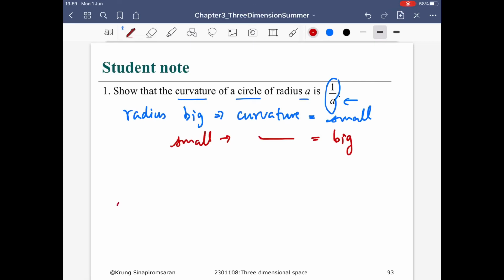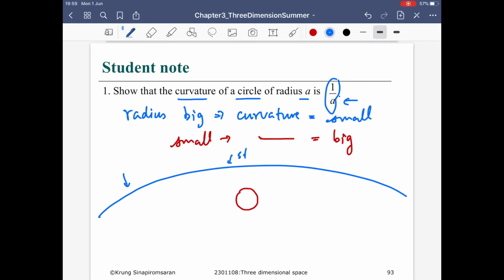Let's say that you're talking about the earth. Let me use the blue one, compared to the red one, which is a small circle like this. If you look at the blue curve from very far apart, instead of seeing the curve, you see something like a straight line.